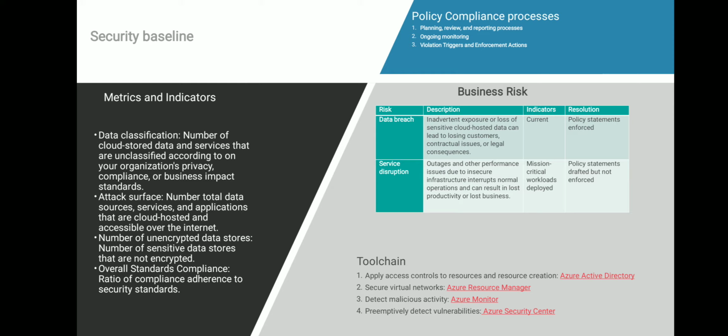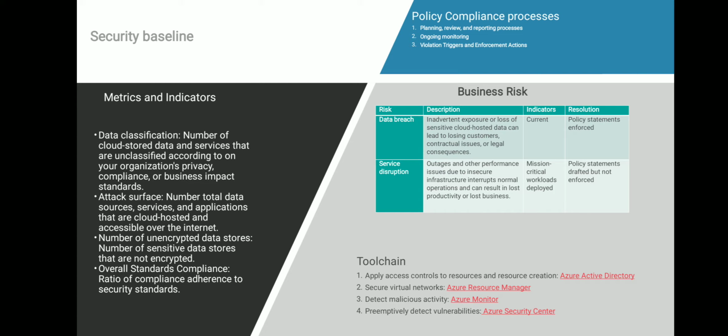For service disruption, which is outage, you need to clearly specify mission critical workloads as well as non mission critical workloads in your policy statements, and clearly describe the business impact so that you can have that discussion with your vendor.